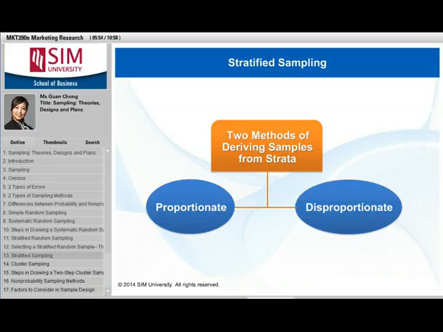In disproportionate stratified sampling, the sample size selected from each stratum is independent of that stratum's population of the total defined target population. This approach is used when stratification of the target population produces sample size for subgroups that differ from their relative importance to the study.